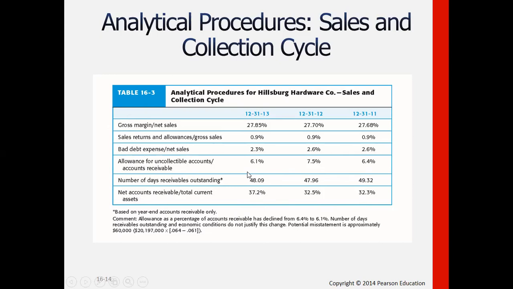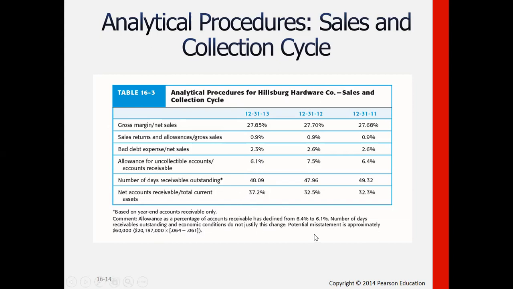So in that case, the allowance became lower by 2013, probably because we have been able to collect, we have improved our collection policies. We have to take note that the number of days receivables outstanding and economic conditions do not justify this change of the allowance.